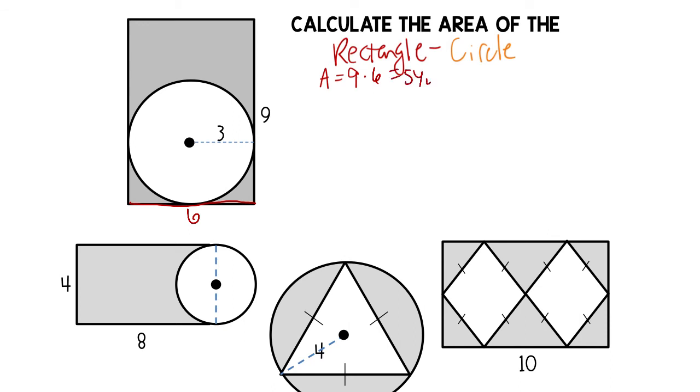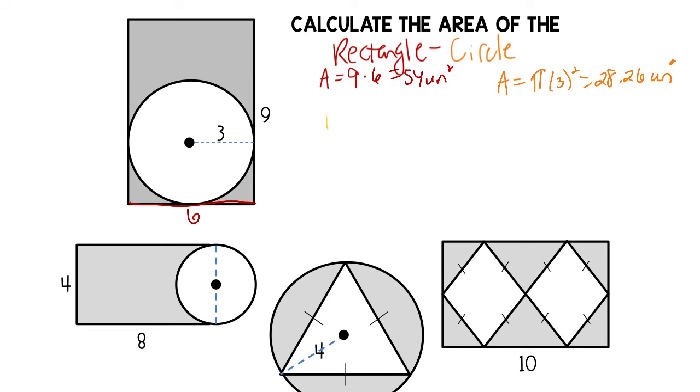That's 54 units squared. Now, the area of the circle is pi r squared. So that's pi times 3 squared. We're going to use 3.14 and find a decimal for that. We get 9 times 3.14 is 28.26 units squared.